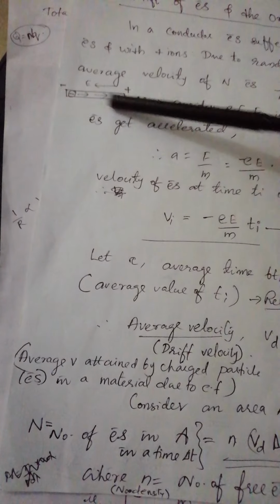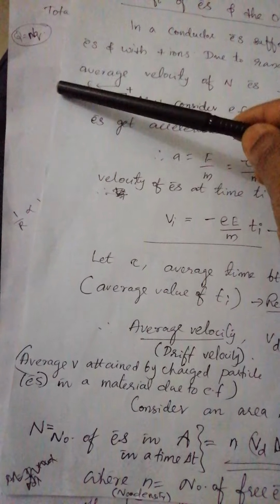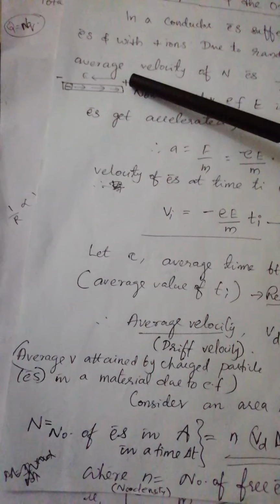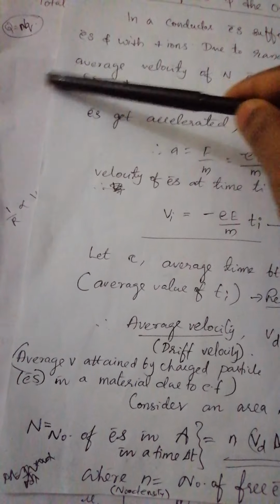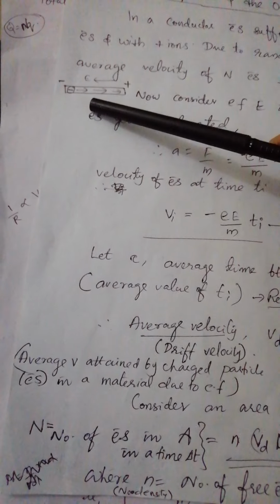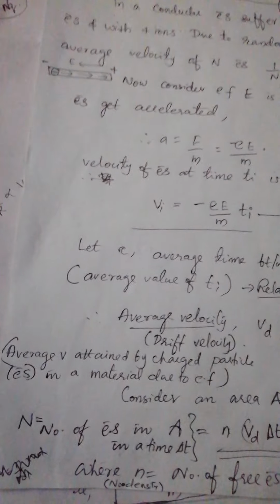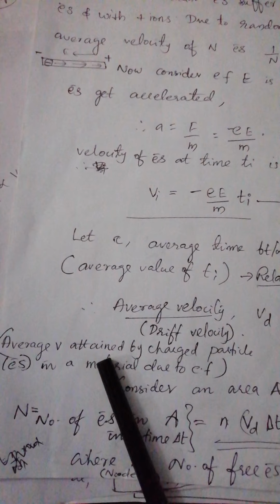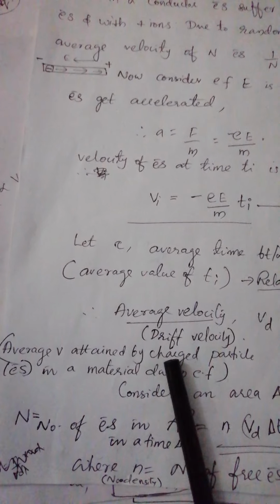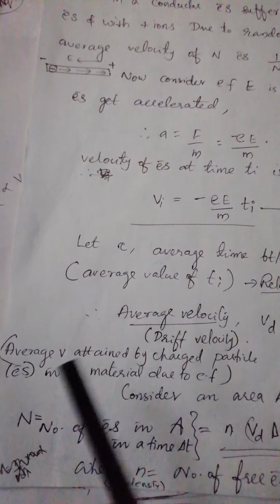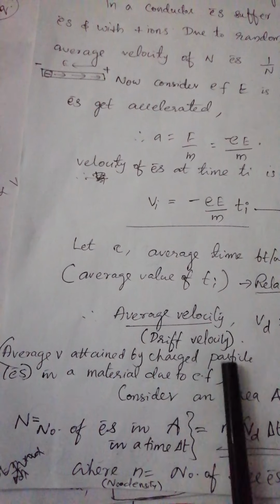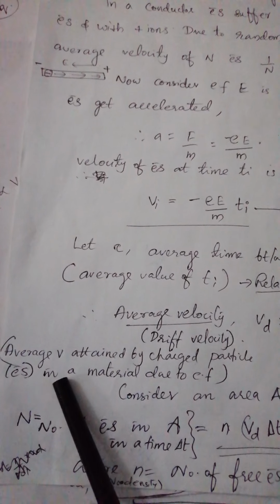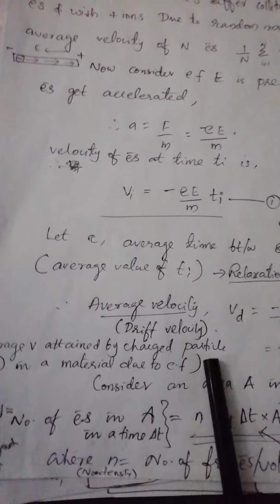Here we are considering an electric field, so due to this electric field, electrons move with an average velocity called drift velocity.